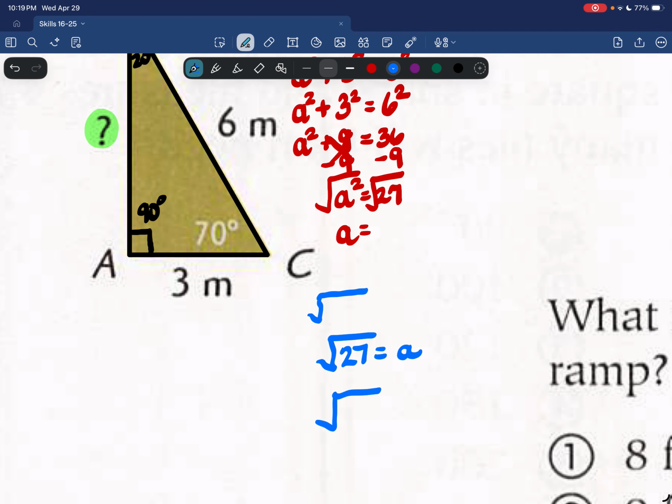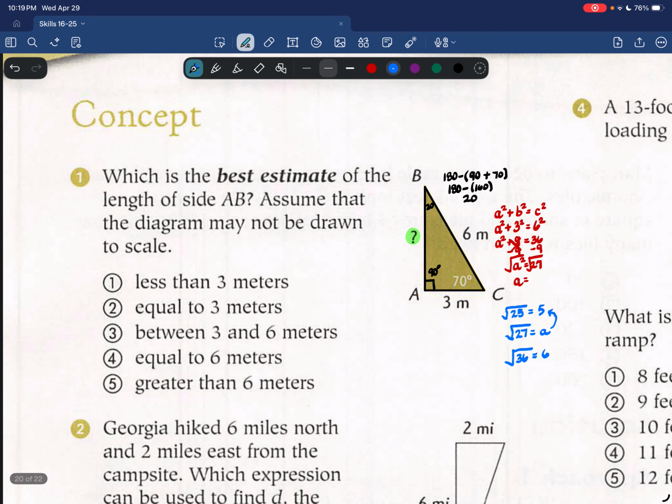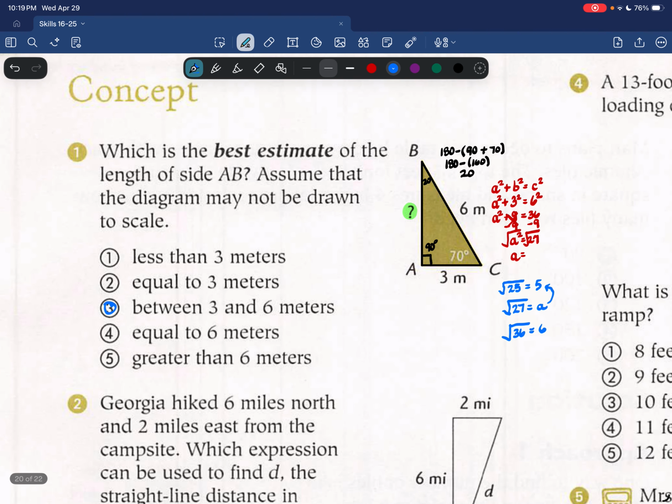So I know the square root of 25 is 5, and the square root of 36 is 6. And I know that the square root of 27 is between those, and it's going to be closer to 5 than to 6. So I'm looking for something between 5 and 6, and that's going to be number 3.